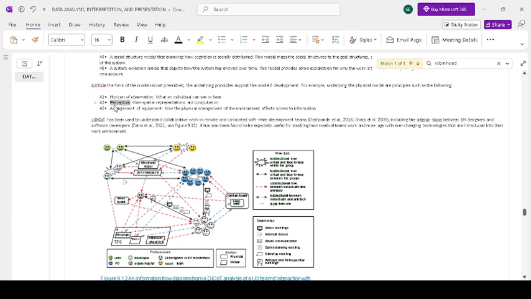So perception, observation, what an individual can see or hear, how the spatial representation aids computation. So you're trying to compute. Basically, you're trying to use the right kind of representation with the data that you collected. But basically, you're using the senses, what you can see in here. Arrangement of equipment, how the physical arrangement of the environment affects access to information.